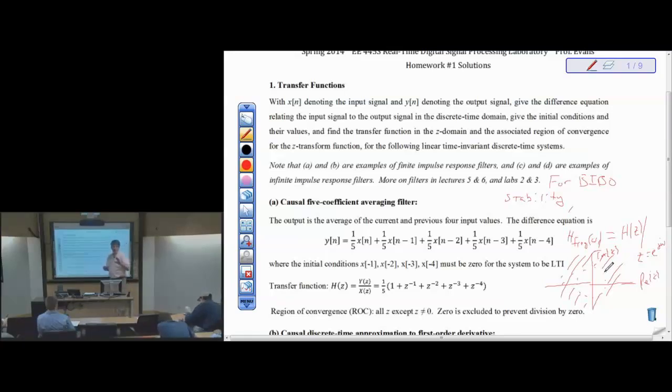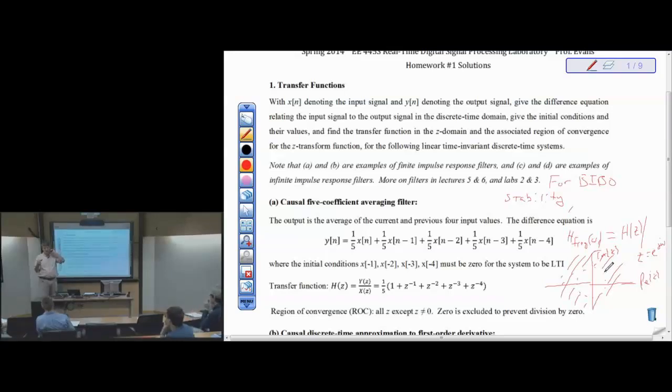Anti-causal means we're going to run time backwards, and non-causal means that we're going to run time forward and backwards. Non-causal is a little less clear, because non-causal could mean anti-causal, or it could mean both causal and anti-causal. So there's causal, we run time forward. Anti-causal, we run time backwards. And non-causal, we may do both.